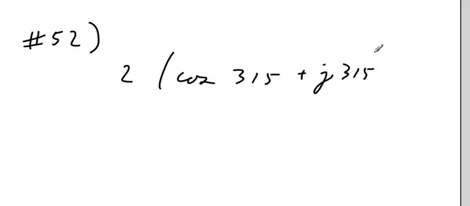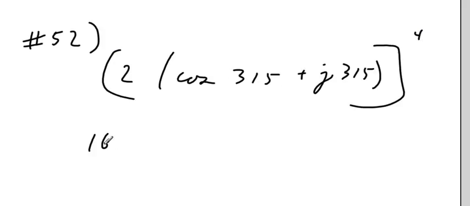Number 52: 2 cosine 315 plus j sine 315, raised to the 4th power. All right, so that's going to be 16 angle 4 times 315. 315 times 4 equals 1260; minus 360, minus another 360, minus a third 360, and we have 180.